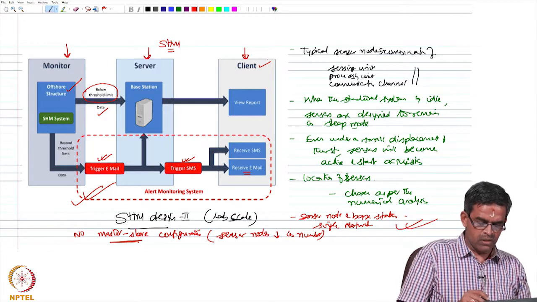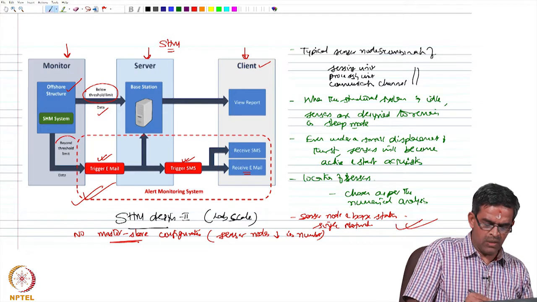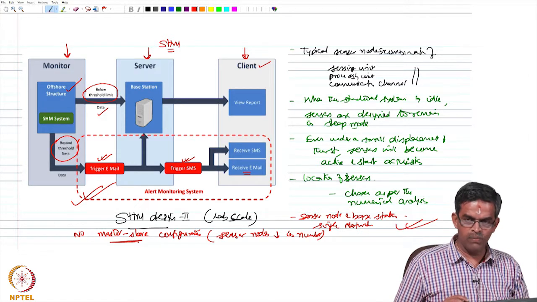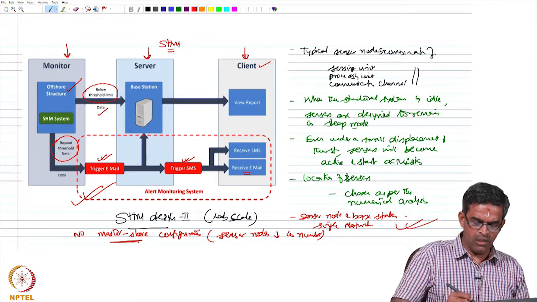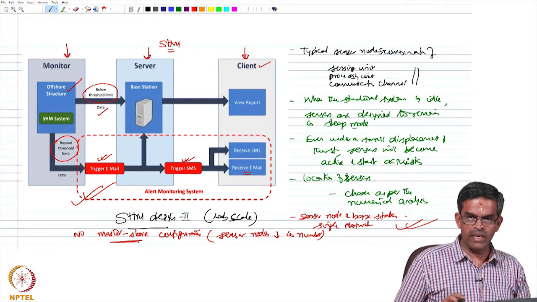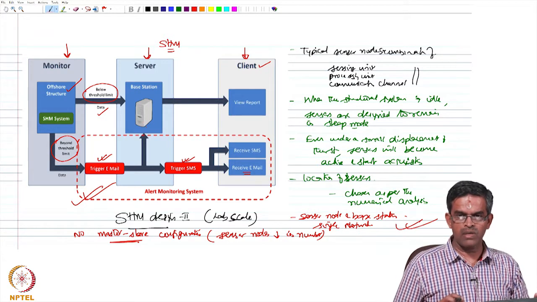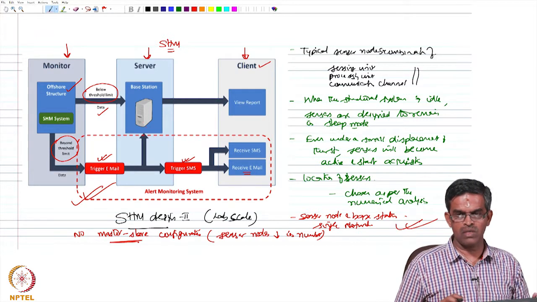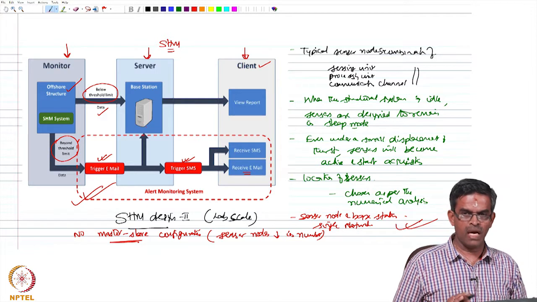So, the comparison of the acquired response with the threshold value is then communicated to the base station to indicate at what time frame, at what sensor, at what location on the structure this exceedance happened.